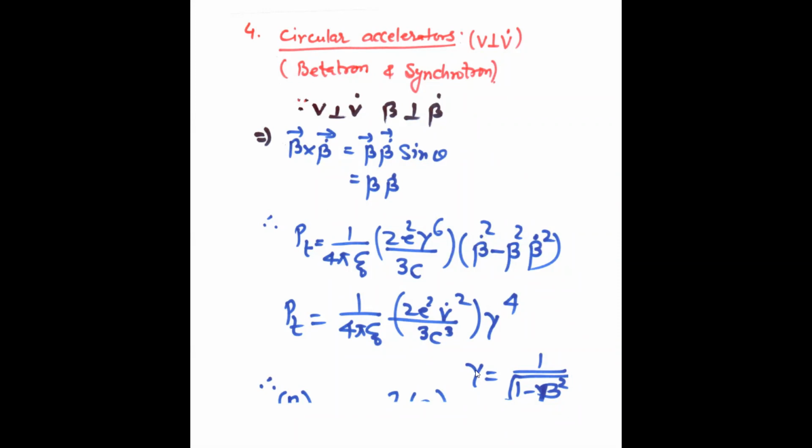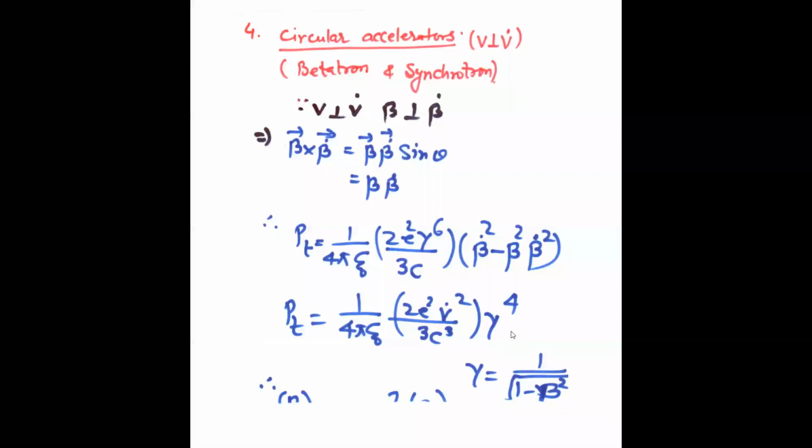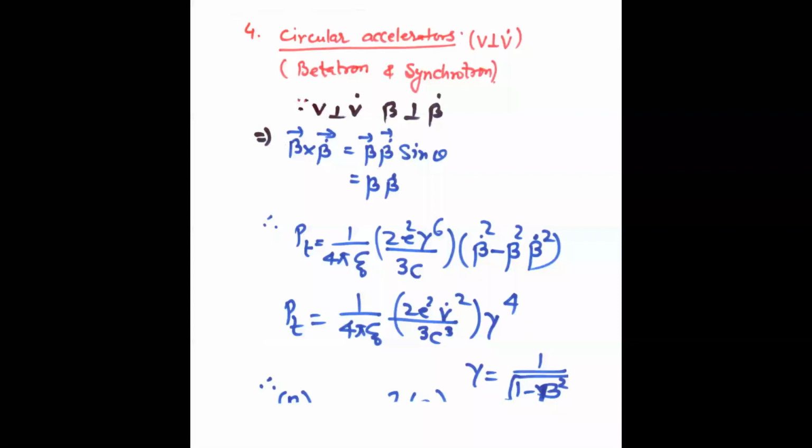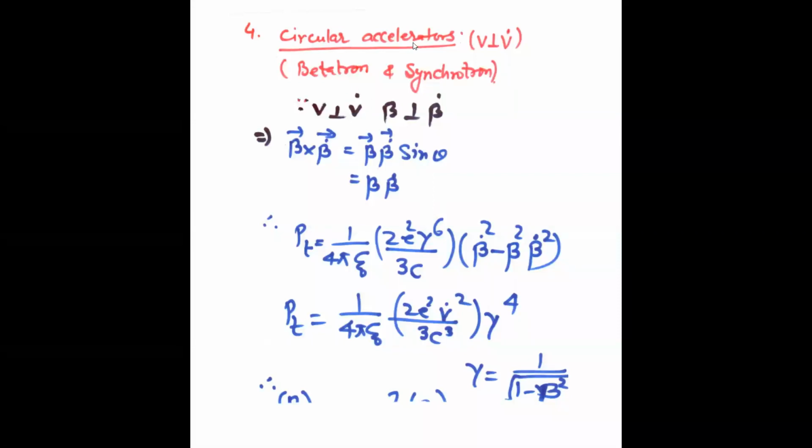See, our relativistic factor gamma equals 1 upon root of 1 minus v square by c square. v by c is beta, so 1 minus beta square. So when you take beta dot square common, 1 minus beta square becomes 1 upon gamma square. So gamma square and gamma power 6 will cancel, and finally you will get gamma power 4. So this is the power radiated by a relativistic charged particle in a circular accelerator.